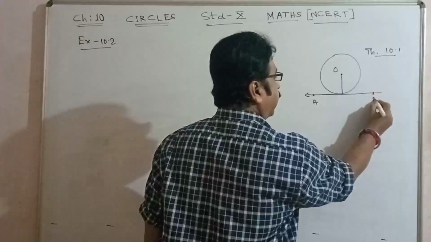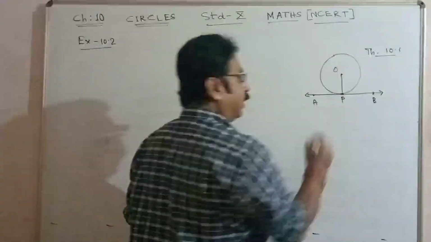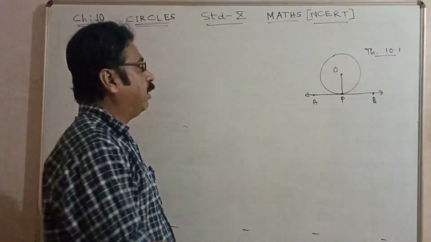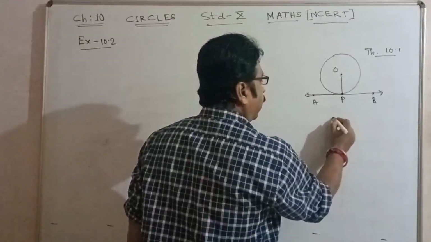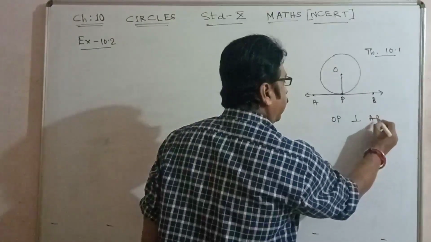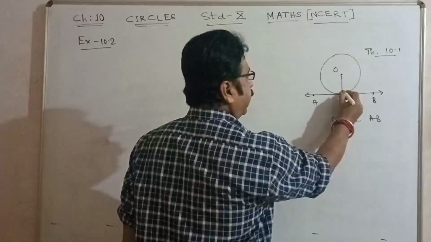AB is the tangent to the circle at the point of contact P, and O is the center of the circle. What did we get? OP is perpendicular to AB, which means this angle is 90 degrees.